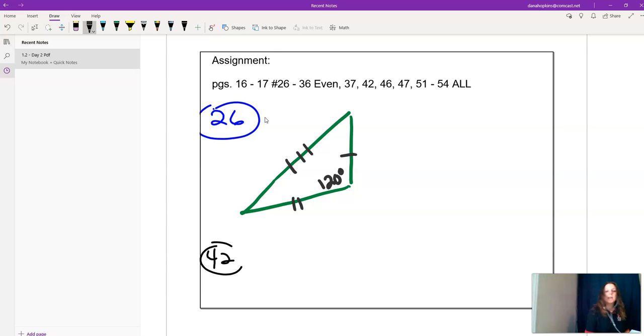If you look at it, I don't see any angles that are equal to 90 degrees. But the one thing I'm noticing is that right here, I have an angle that's equal to 120. So that would mean this is an obtuse triangle. The other thing I want to do is classify by the sides. You'll notice that all three of these sides are different, so that would be scalene.